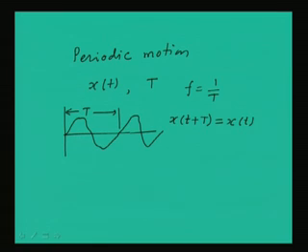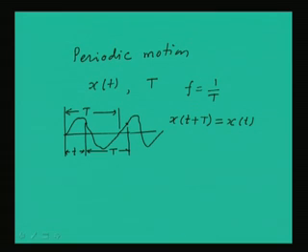So, you take the signal at any time, let us say at time t. Now, if you add to this capital T, this much from here to here, you will get another point.